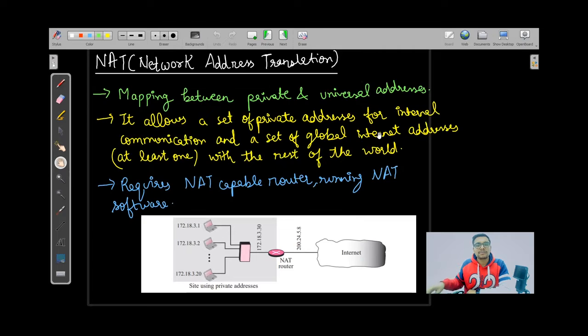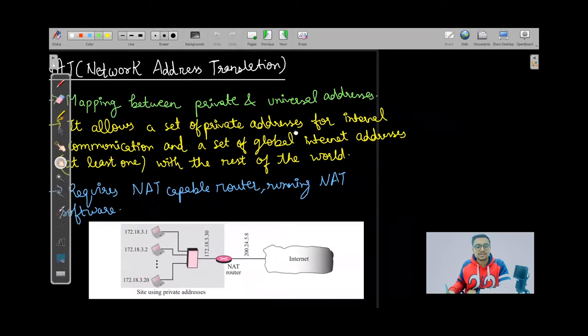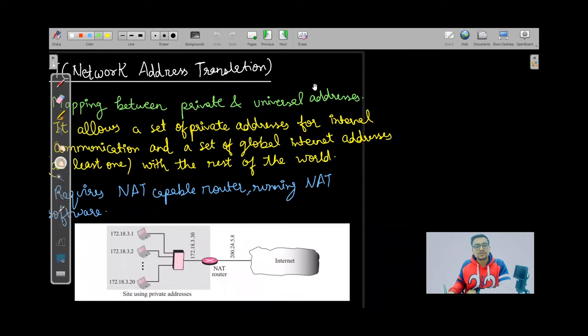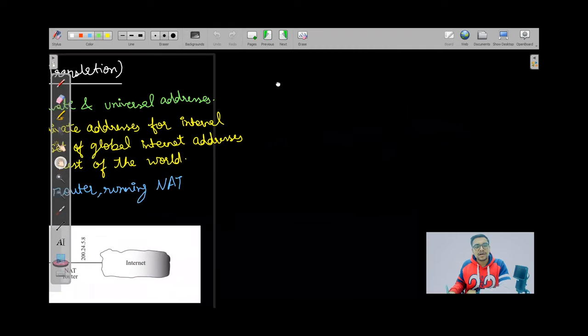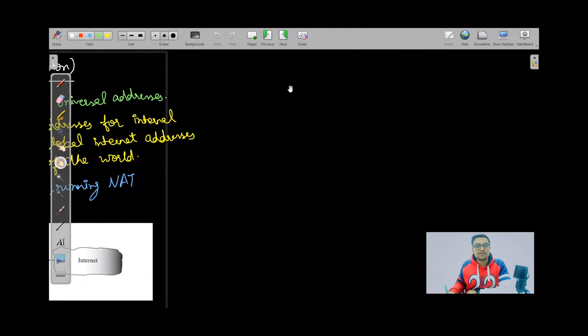That is one kind of problem, and there is another. As I told you, the IP address space is made up of only 32 bits, so at a time only approximately 2 to the power 32 devices can be connected to the internet. If I keep on assigning an IP address to each particular device, after some time our IP address space will get exhausted.